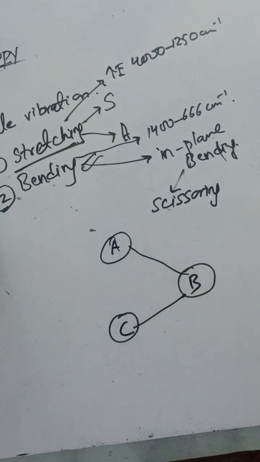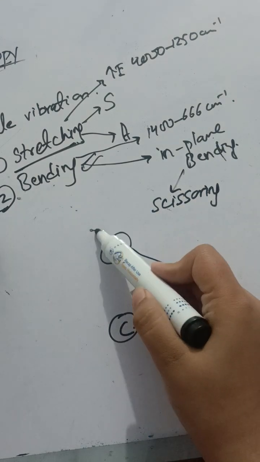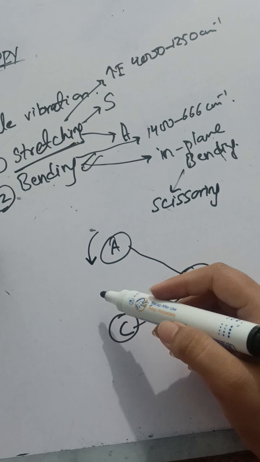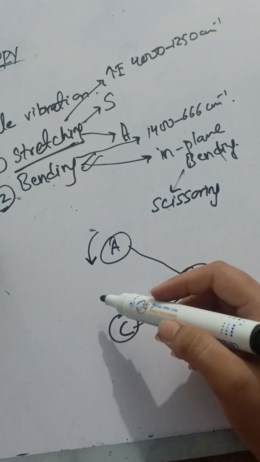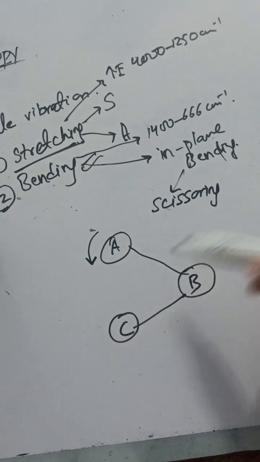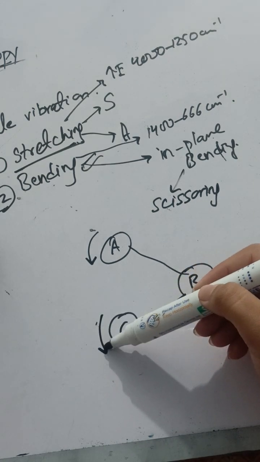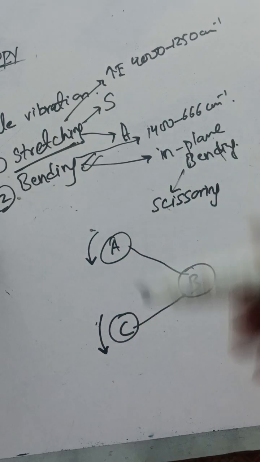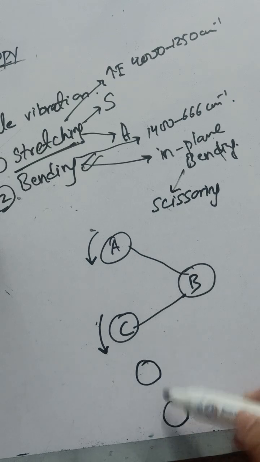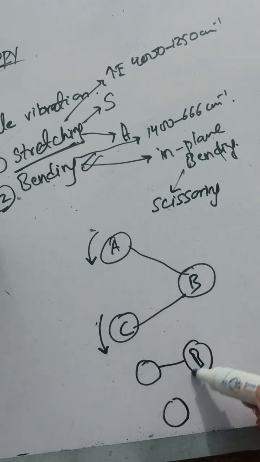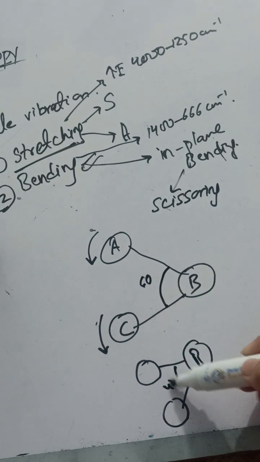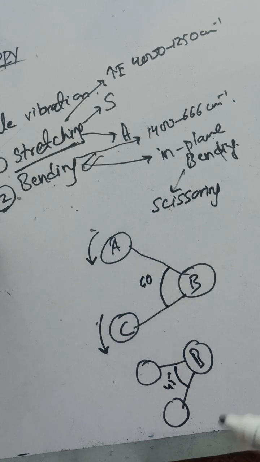Now A will bend and move towards C, and C will move towards A, and the bond angle will decrease between them. Like A is moving to that side, after some time you will see them nearly close to each other. Like first the bond angle is about 60, now the bond angle is about 45. The bond angle between them has decreased.